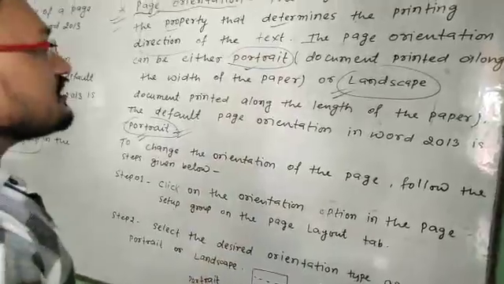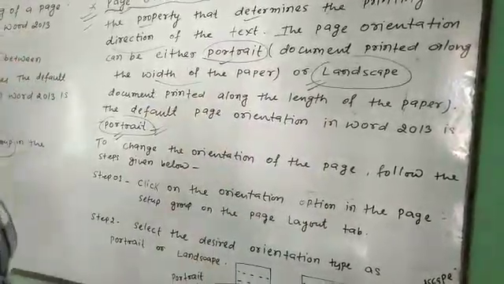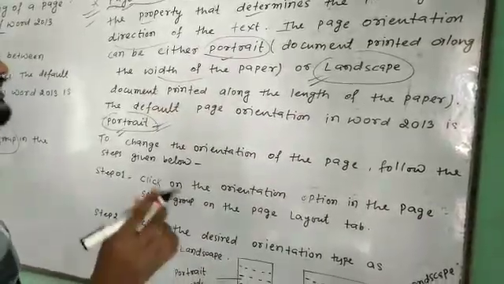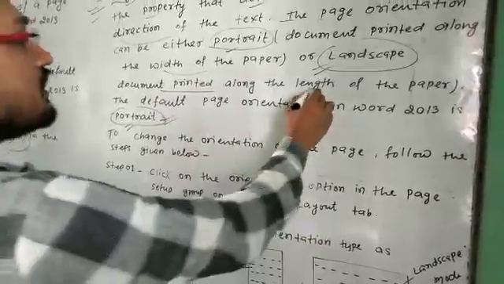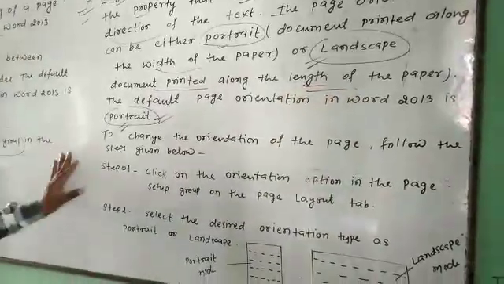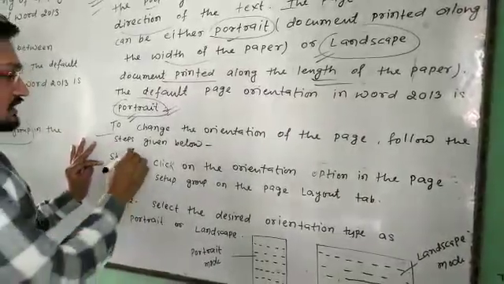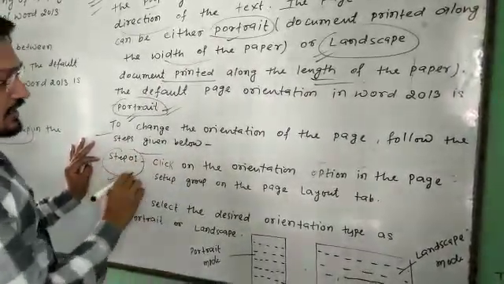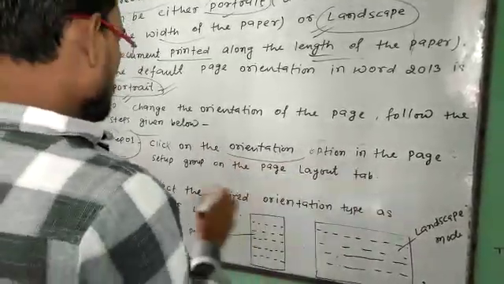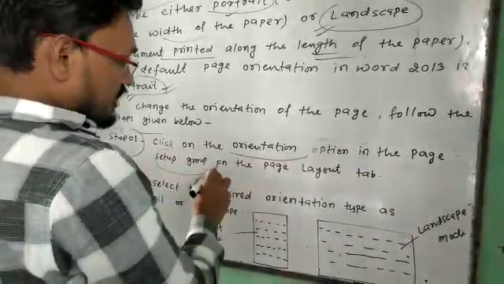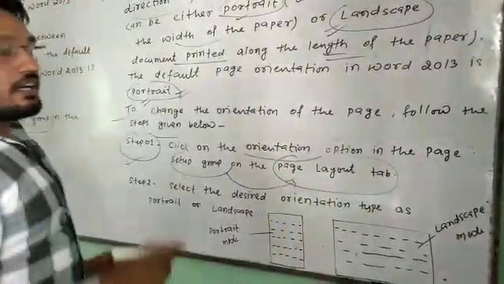Portrait mode means the document is printed along the width of the paper, and landscape means the document is printed along the length of the paper. To change the orientation of the page, follow these steps. First step is click on the Orientation option in the Page Setup group, which is also available in the Page Layout tab.